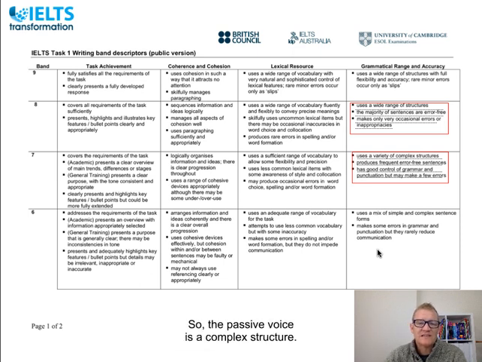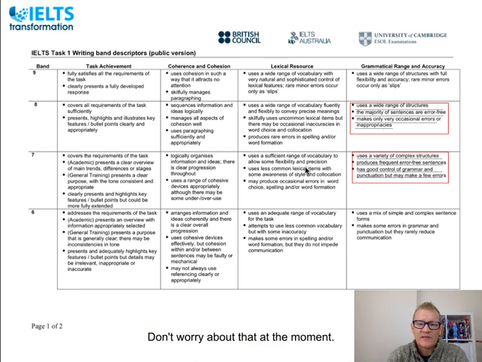So the passive voice is a complex structure. Therefore, you need to use it to help you to get a band 7 or more. Notice an 8 is a wide range of structures, a 9 is a wide range of structures with full flexibility. Don't worry about that at the moment.